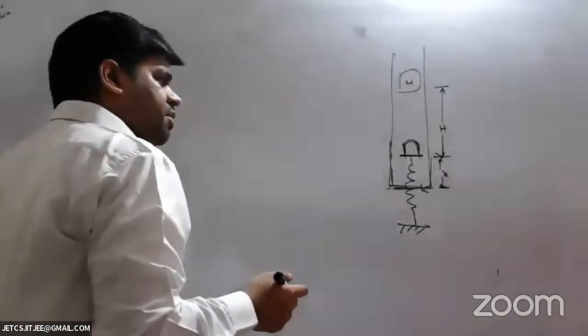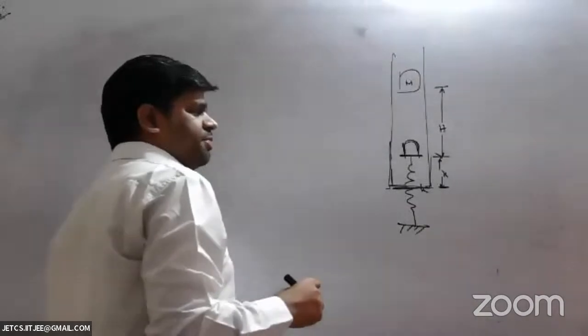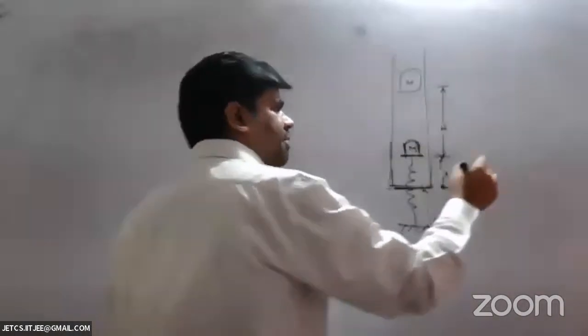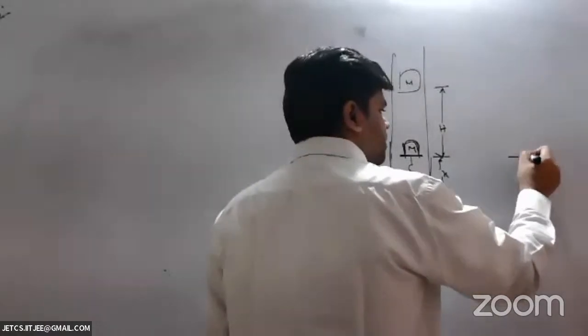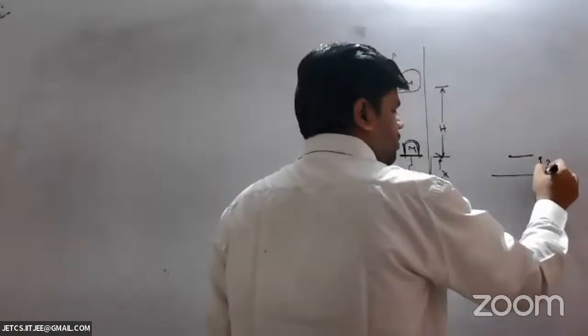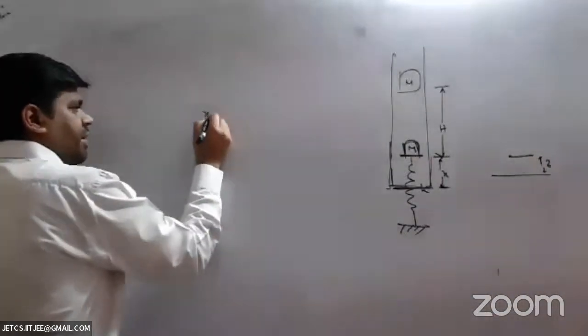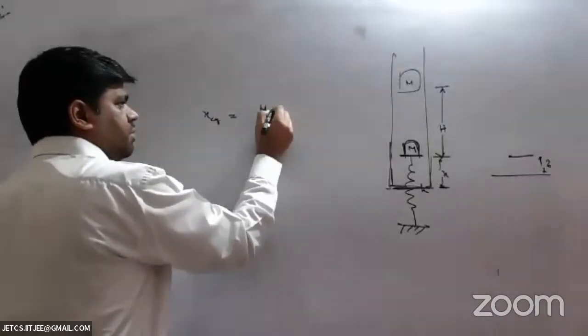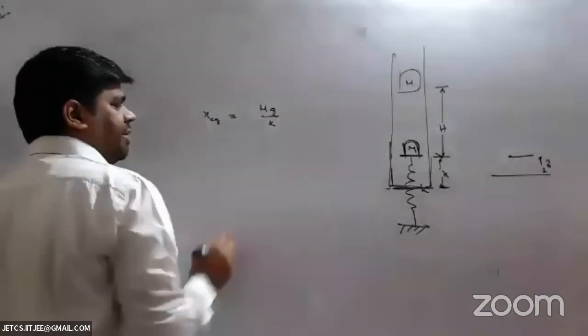Before that, let us also find the equilibrium position of the spring. Spring constant is k, mass is m. This is my natural length position. At equilibrium position, x equilibrium is equal to mg by k. Why?